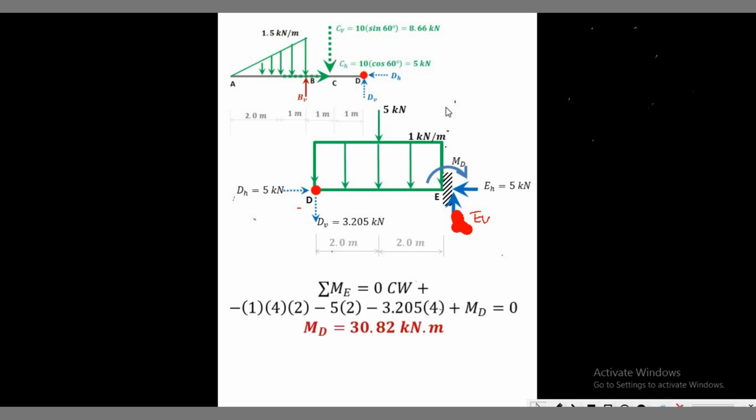If I take summation of moments at point E, makukuha ko si MD, which is equal to 30.82. Pa-double check man, baka nagkamali ako.